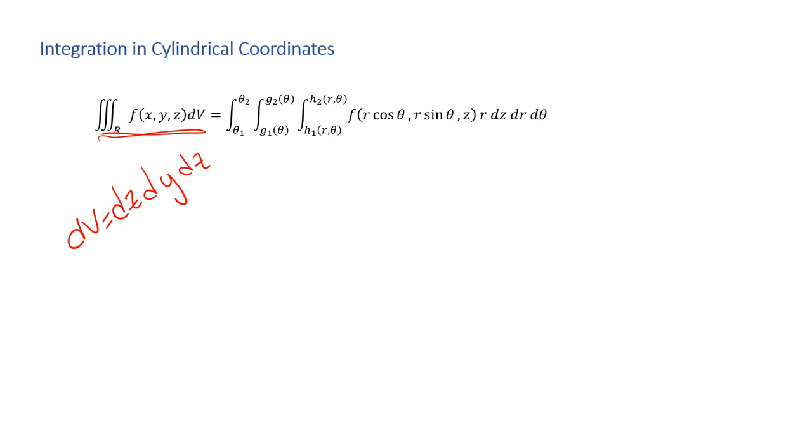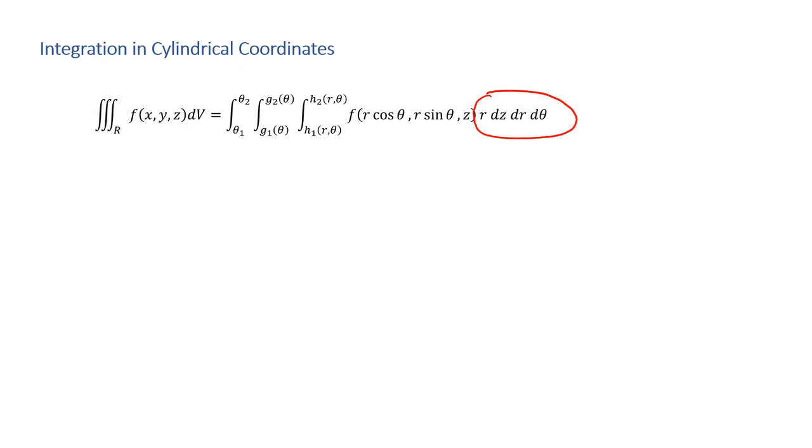When you convert this into cylindrical coordinates, the dV turns into r dz dr d theta. This is for the exact same reason we had that extra r when we put our double integrals into polar coordinates. So again, you're always going to replace the dV with r dz dr d theta.